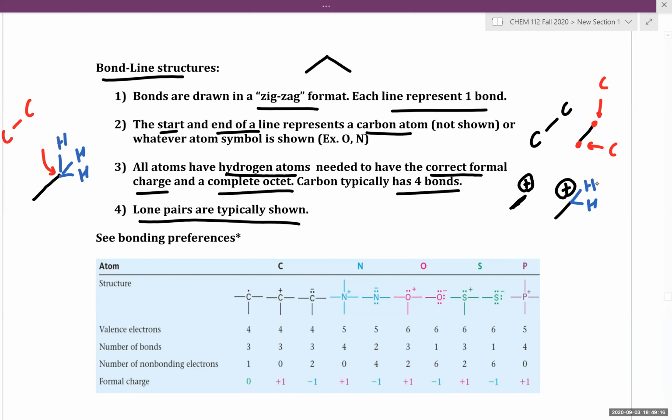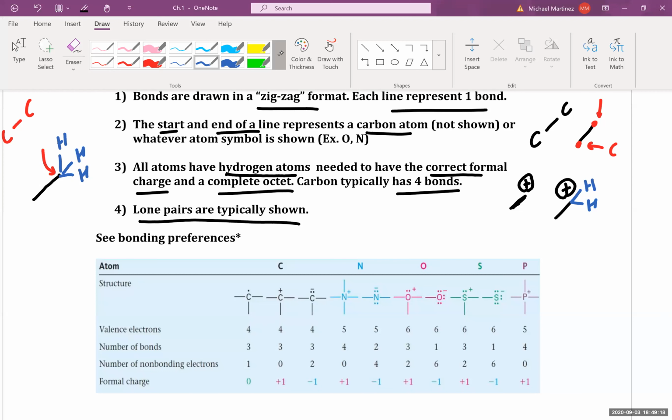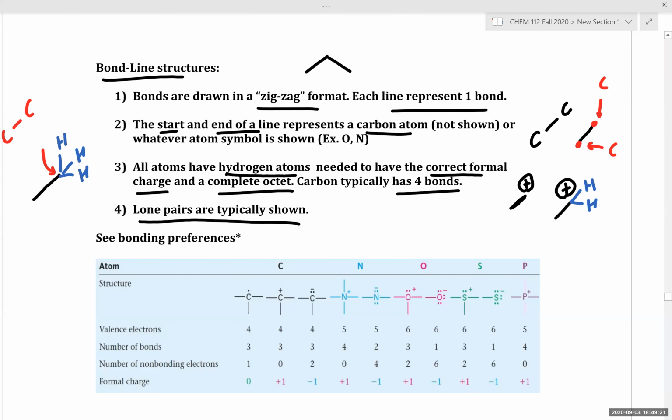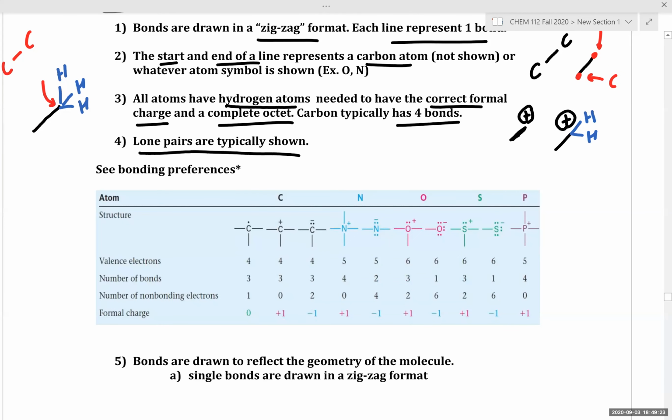So just to refresh everyone's knowledge on bonding arrangements, depending on whether you have a radical, cation, or anion, we'll have a different number of bonds and lone pair electrons for each of our formal charges. This bonding preferences table is very useful in figuring out the number of implied hydrogens.